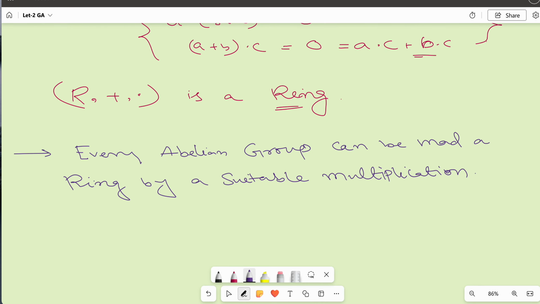So every abelian group can be made as a ring by defining a suitable multiplication.